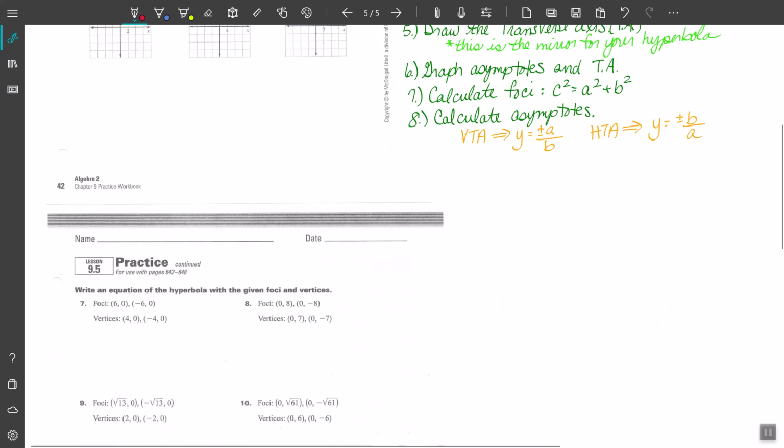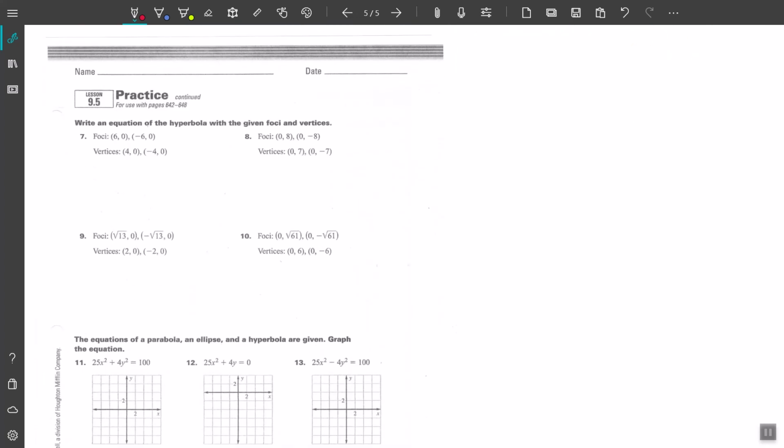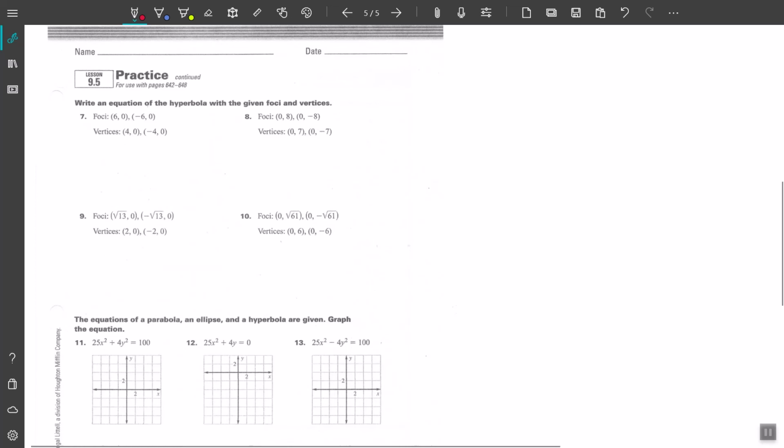Now let's move to the back of the sheet where they give you the foci and the vertices, and they want you to write an equation for the hyperbola. In this case, we've got to first look at those vertices and see whether they lie on the x-axis or the y-axis, because that's going to tell us what type of transverse axis we have, whether it's horizontal or vertical. So in number 7 here, I'm just drawing a visual out.